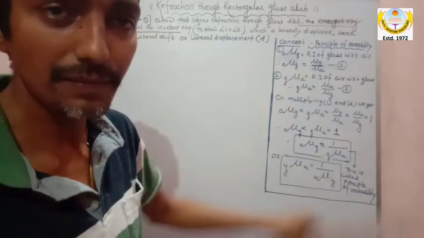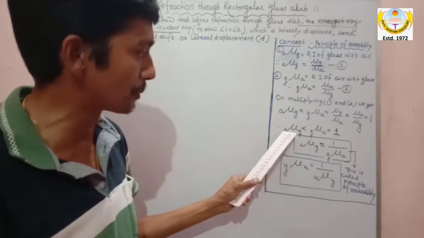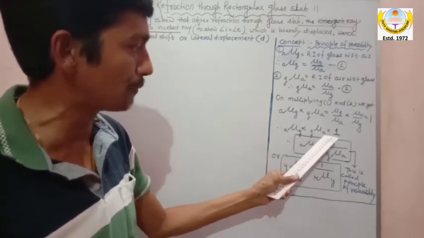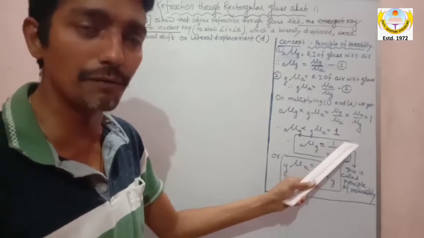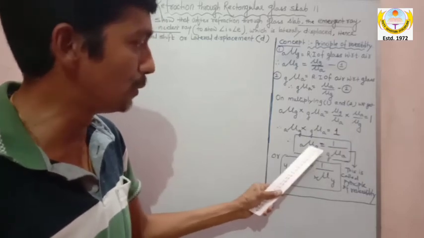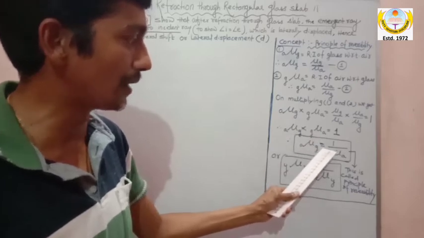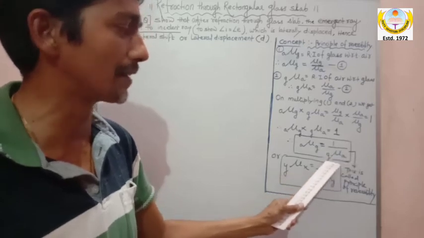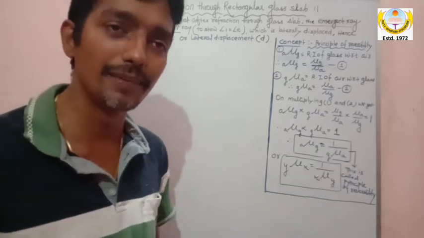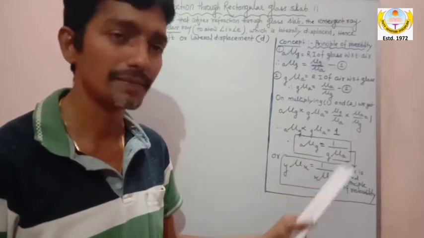So mu of g with respect to air multiplied by mu of air with respect to g is equal to 1. So what is the meaning of this? Therefore, my dear, mu of g with respect to air is equal to 1 upon mu of air with respect to g. It got reversed. You can see, it got reversed.